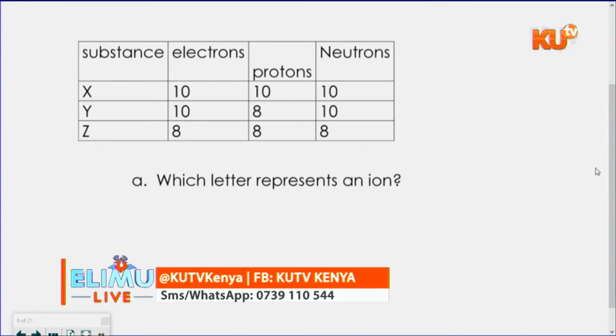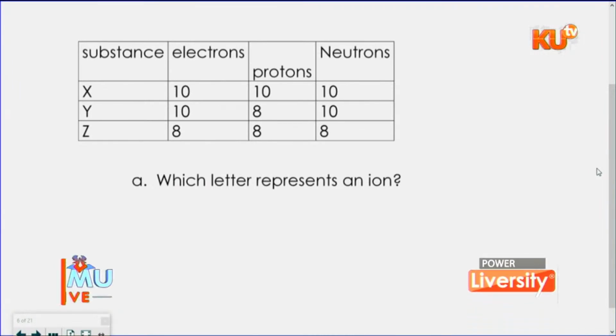So the first question is asking, which letter represents an ion? I've indicated that for an ion, the protons and electrons are not usually equal. It's either one is less than the other or more than the other. So if you look at our substances, for X, electrons and protons are equal, 10 and 10. So that's an atom, it's not an ion.